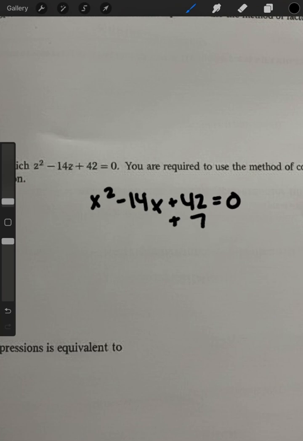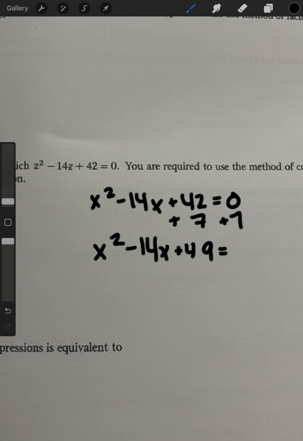gives 49. The constant on the left is 42, so I'm going to add 7 to both sides to reach 49. This is going to keep the equation balanced and sets up a perfect square. So now my equation is x squared minus 14x plus 49 equals 7.